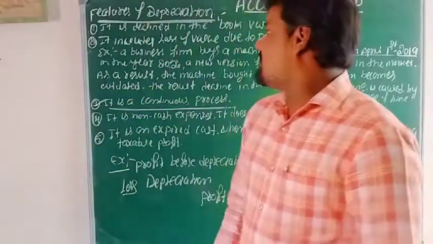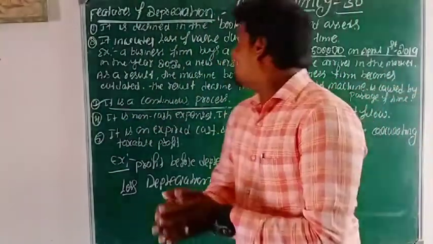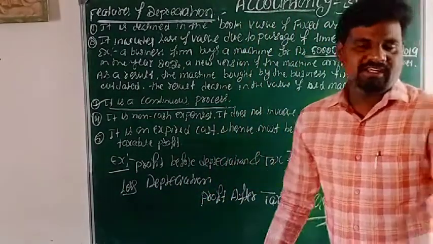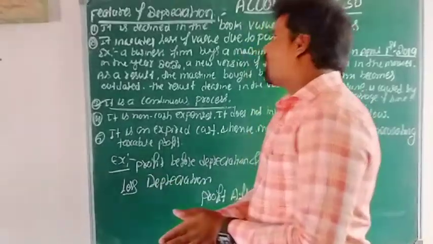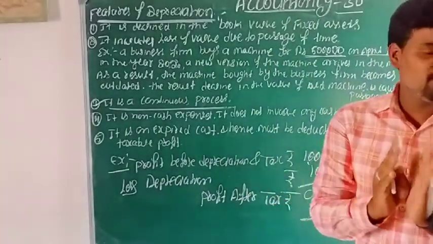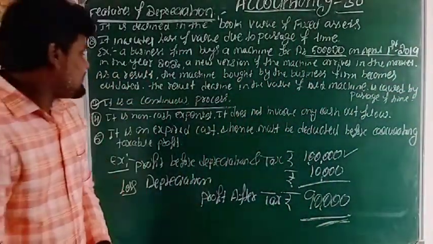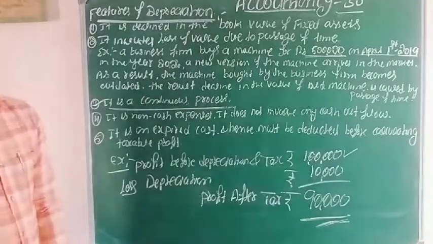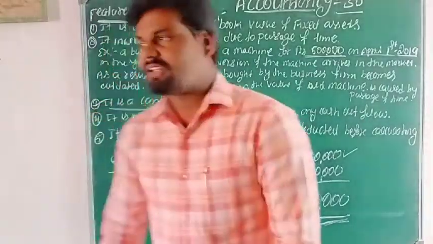Once again, the first feature of depreciation is the decline in the book value of fixed assets. The second one, it includes loss of value due to passage of time. The third one, it is a continuous process. In the business organization, depreciation is a continuous process.